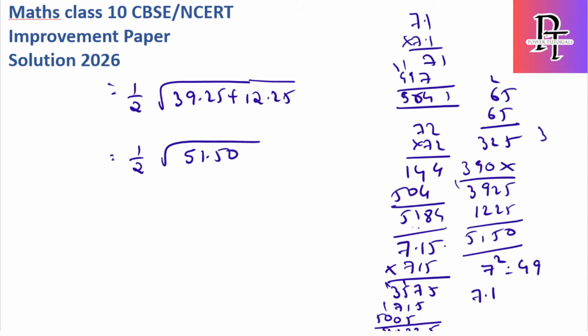So it is more than 7.15. So I am taking the approximate value as 1 by 2 into 7.16 as the square root value. So this way I'll get it as 2 3s are 6, and then 2 5s are 10, and then 16. So 3.58 I am taking as an approximate value.